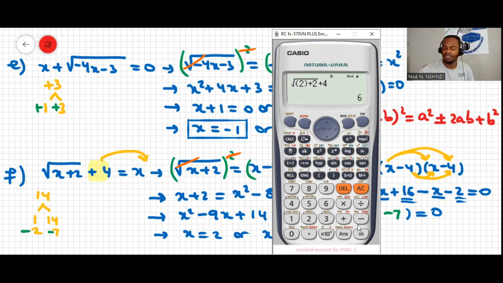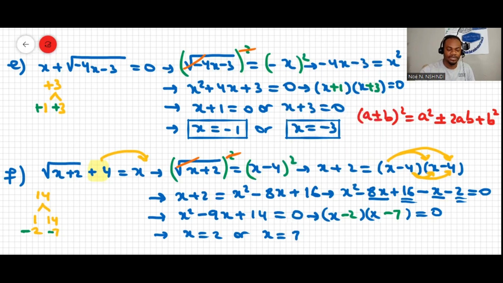You see, if x is 2, the answer is not 2, meaning x equal to 2 is not a valid answer. So over here we can just say not applicable.